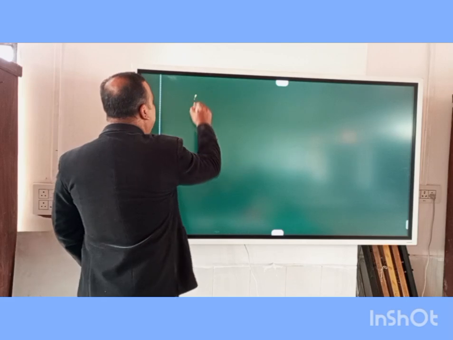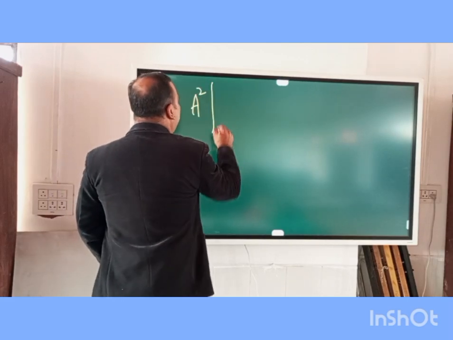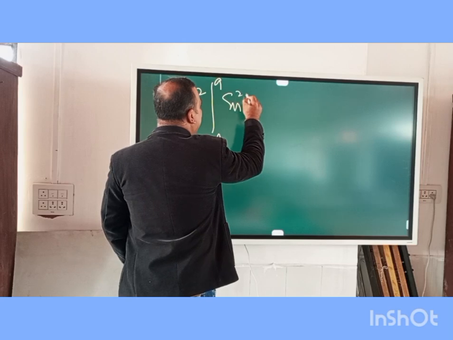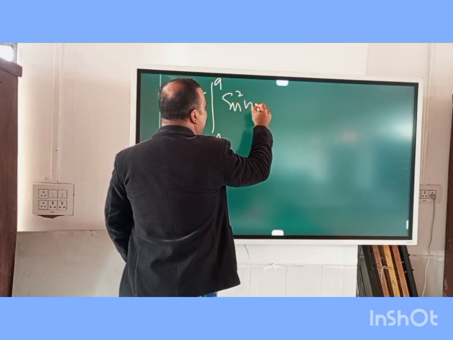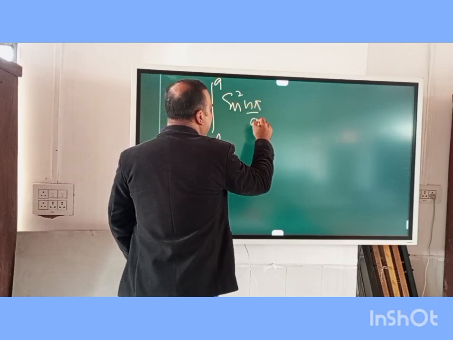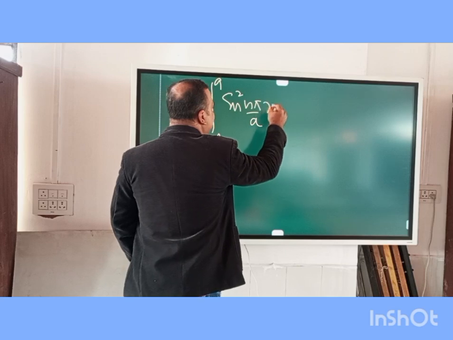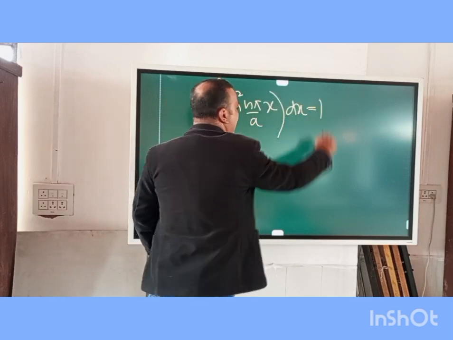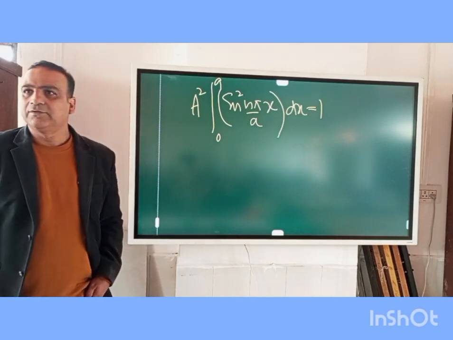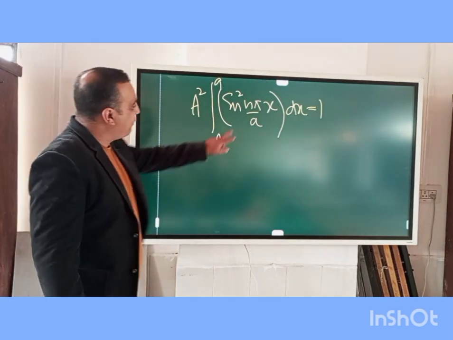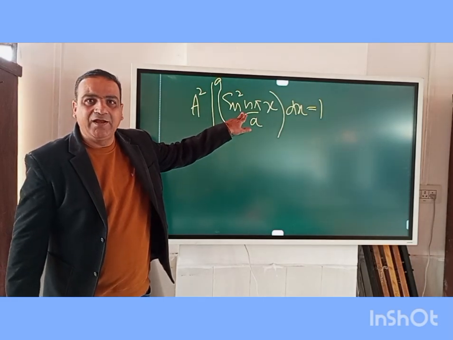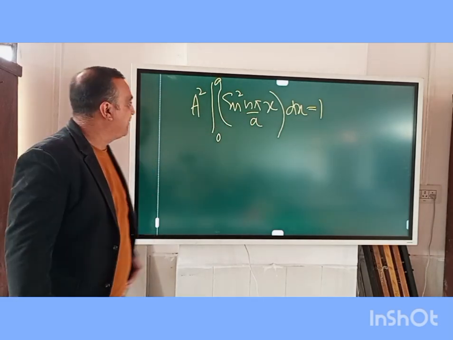So A squared will be out. You will have the integral from 0 to a of sine squared n pi by a x, dx, equal to 1. Instead of k, I have used n pi by a. That's why you are seeing n pi by a.